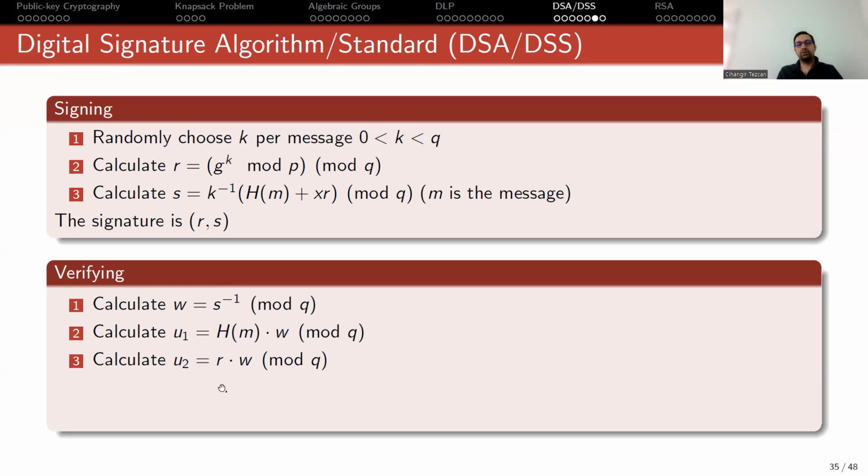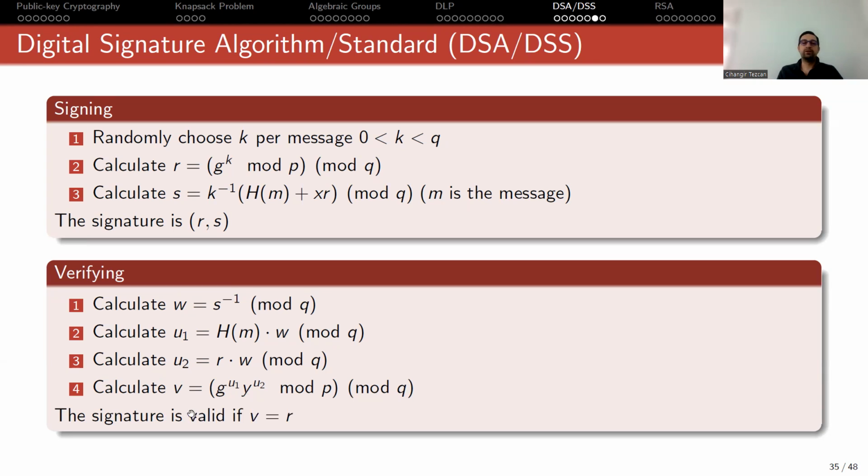Then you calculate U2, which is R times W. Again, R is coming from the signature. W is what you calculated here. Now you calculate G to the power U1 times Y to the power U2, modulo P, modulo Q, and end up with V. So if V equals R, then the signature is valid.